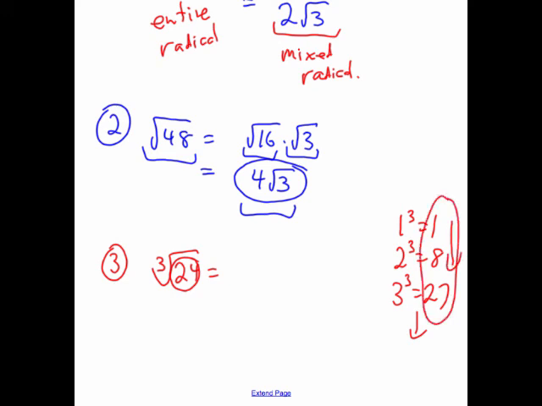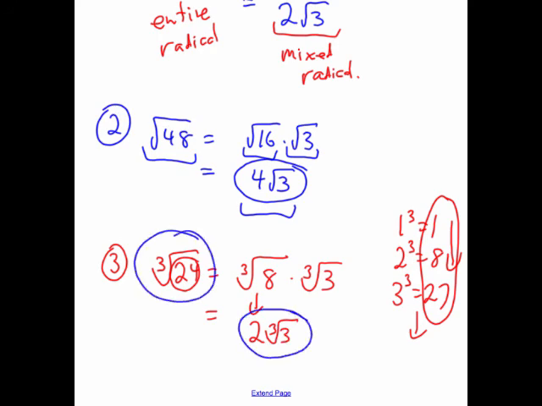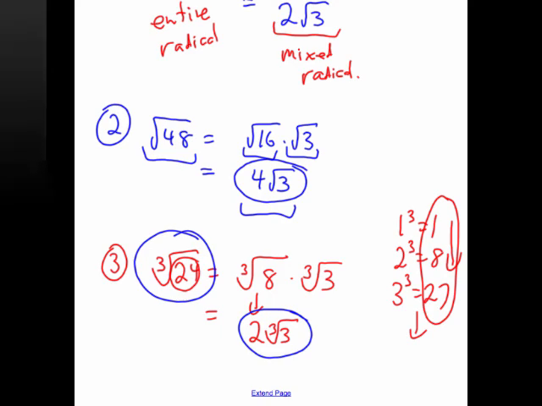Well, 8 does. So I can break this up as the multiplication of two radicals with the same index, the cube root of 8 times the cube root of 3. The cube root of 8 is 2, and the cube root of 3 stays the way it is. So this is the same as this, and you can confirm that with your calculator.